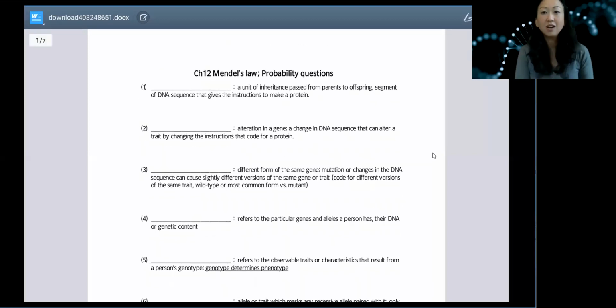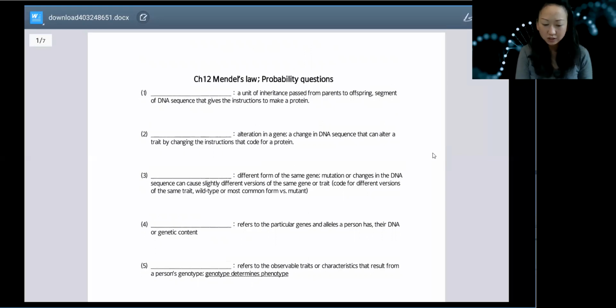The first term we're looking for is a unit of heredity, inheritance passed from parents to offspring. And you already know this. It's a segment of DNA sequence that gives the instruction to make protein. What is it called? Yes, it's a gene.